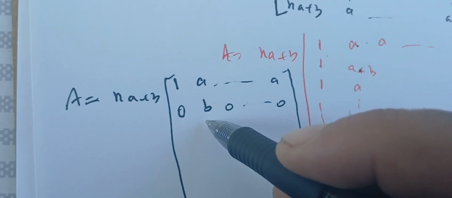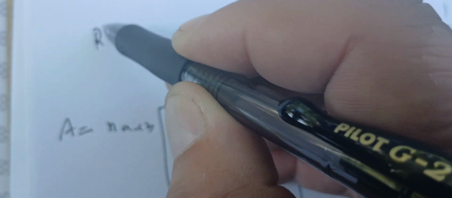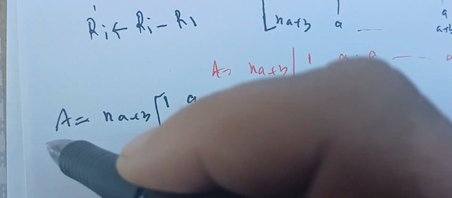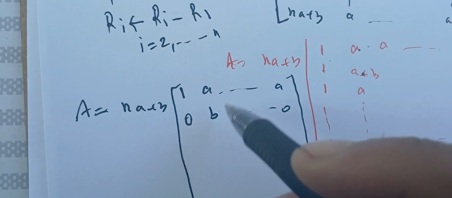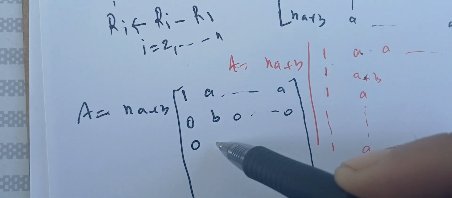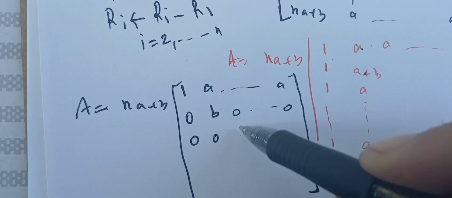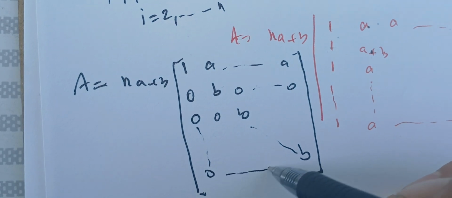In general, row i is replaced by row i minus row 1, for i going from 2 to n. For the third one, 1 minus 1 is 0, a minus a is 0, but here we have a plus b minus a, which is b. Therefore we have b's on the diagonal and zeros below.